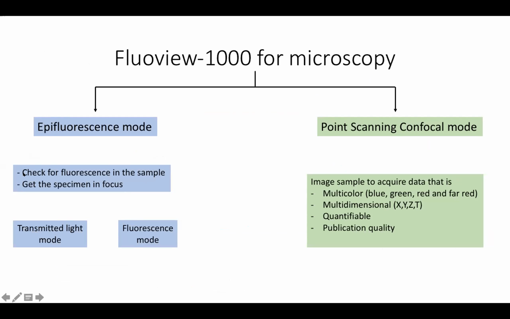Ideally, I would suggest that when you bring your sample over here on the confocal, before you do so, you should check for fluorescence on the epifluorescence microscope that you have. I mean, now that you guys have Keyence, you can check on that. This is just to make sure that you're not wasting your time coming all the way over here and then being disappointed and not seeing anything on the point scanning confocal mode. Does that make sense?